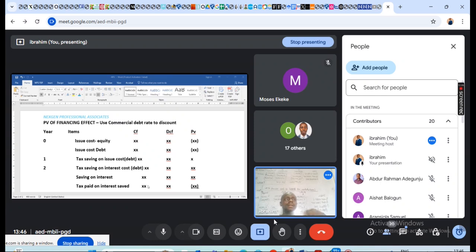Because issue cost might have been taken into consideration, the transaction cost that they will incur in the process, they would have put it inside, right? For them to say rights issue of this amount. I'm giving an instance of other equity. Now, if that would be the case, that is net.